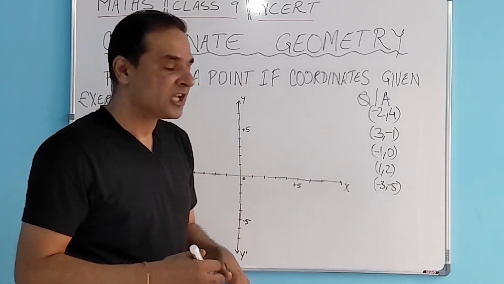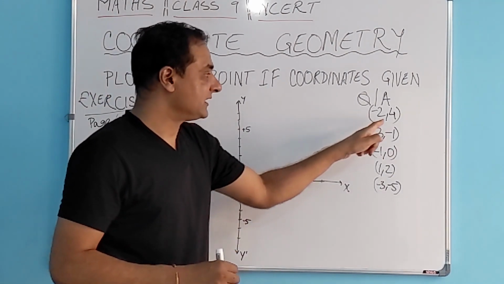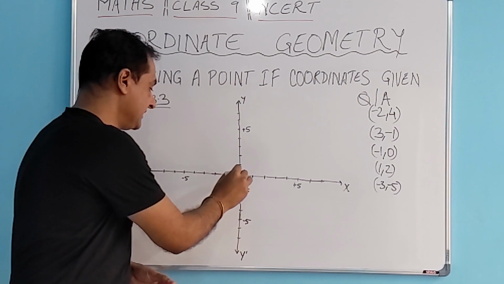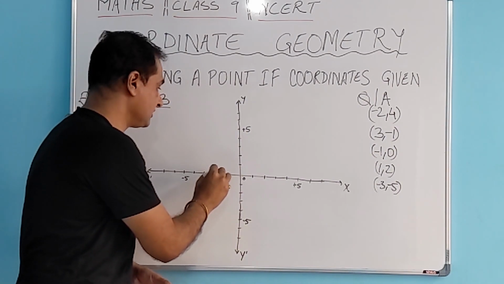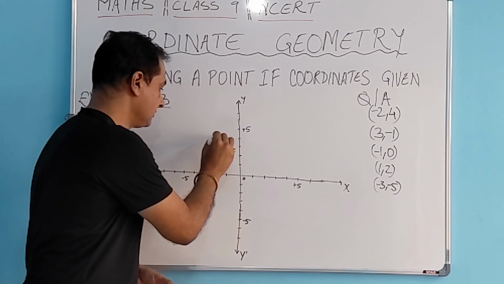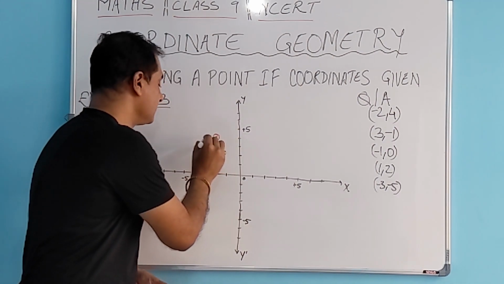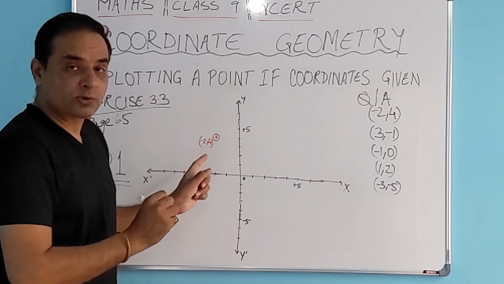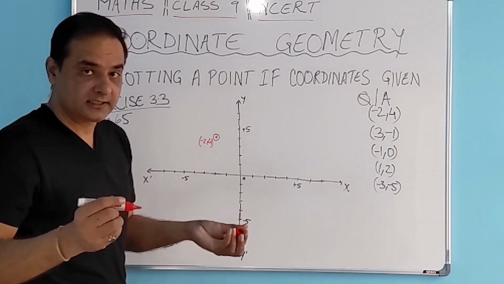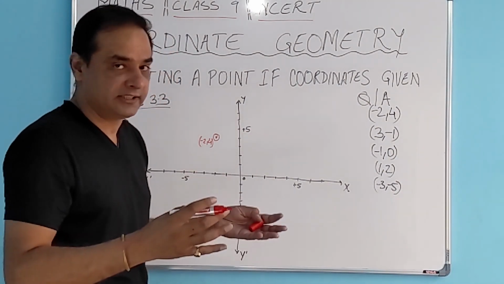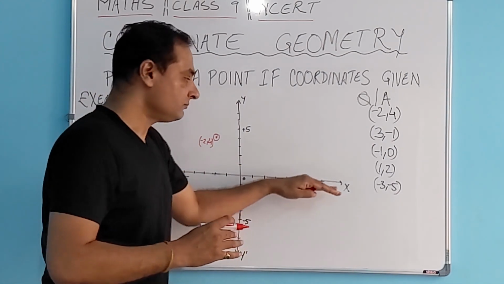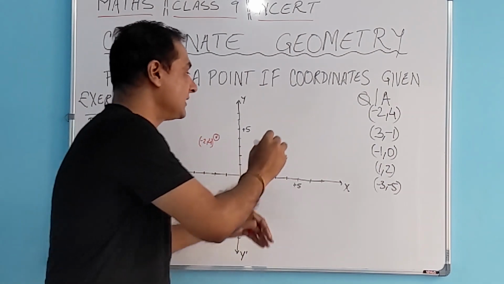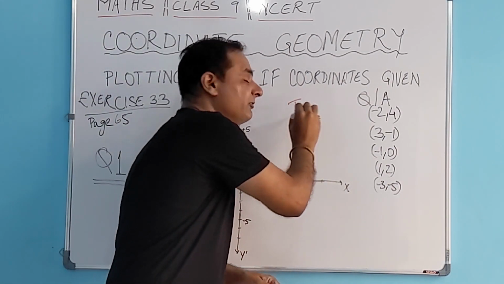On which quadrant or which axis these points are going to lie. So let's start with the first one, (-2, 4). Plotting it, -2 we come over here and 4 is positive, so we go here. Which quadrant is it? Looking at the quadrant definition, positive x direction and positive y direction is quadrant 1, the first quadrant.